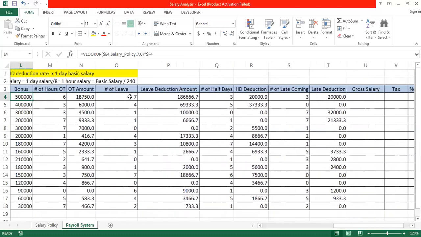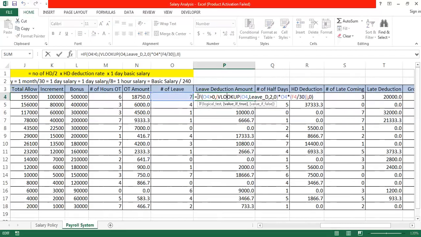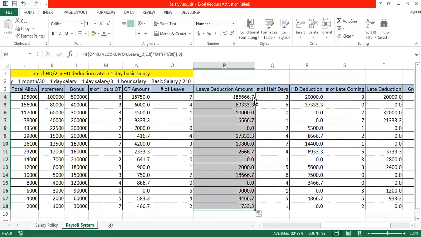But what we have to do in order to sum all these values is put a minus sign before every formula in the deduction amounts. So for example, at the start, before IF, I'm going to put a minus sign and then press enter. You can see all these deductions are already in minus.